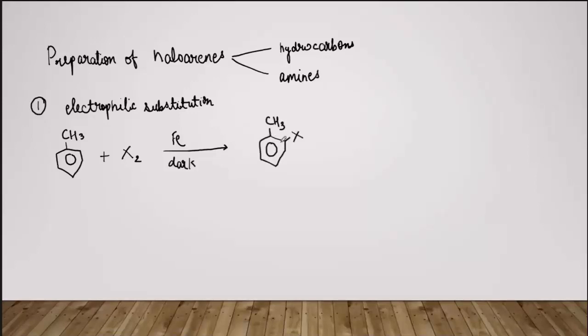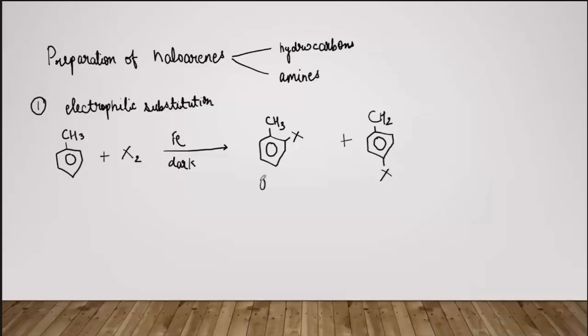It has replaced one hydrogen that was already here. And the second product is the para derivative, while the first one is the ortho derivative. So here, this is the halogen.